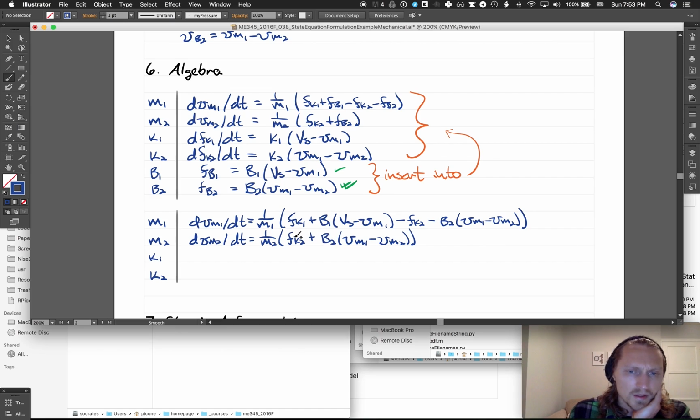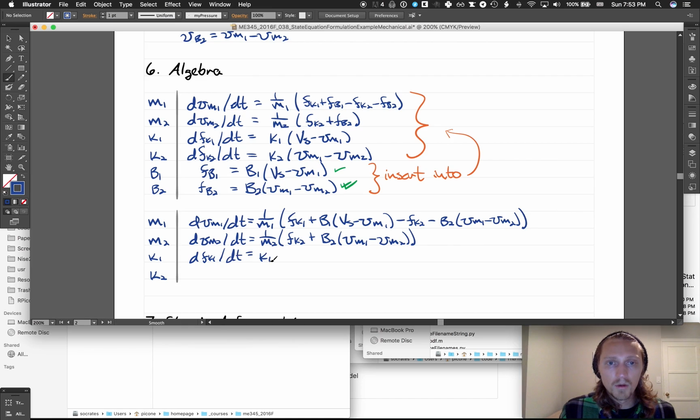You might say, what about b2? What about m2? Those are parameters, and although we haven't specified a specific value for them, we've treated them as constants, and for a given problem, we know what that mass is, or what that damping coefficient is.